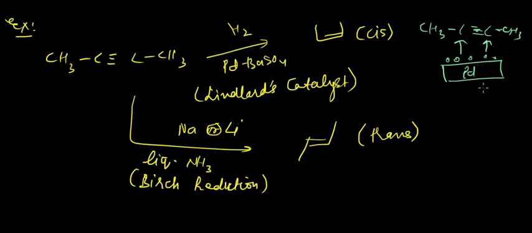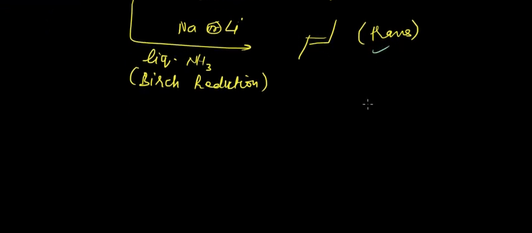Whereas in the sodium and liquid NH3 case, the complete mechanism is there, wherein sodium releases an electron, and that electron goes on to attack the alkyne group, and due to steric hindrance reasons, it forms a trans product.